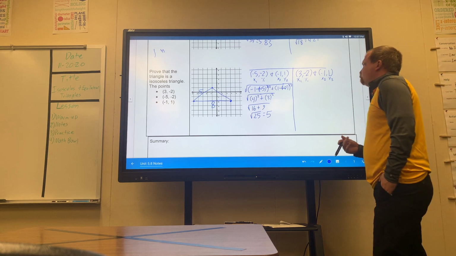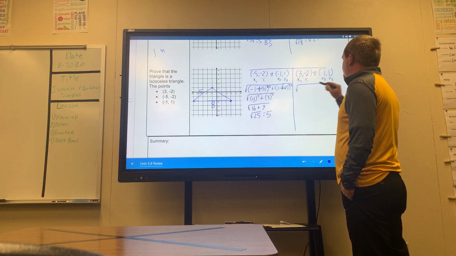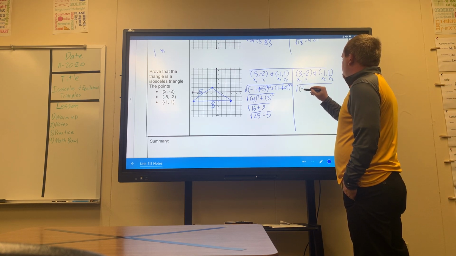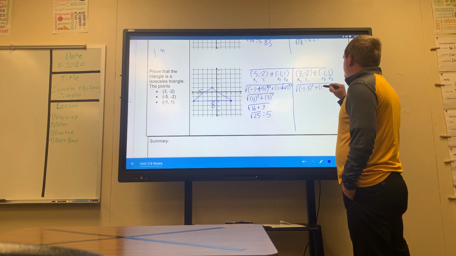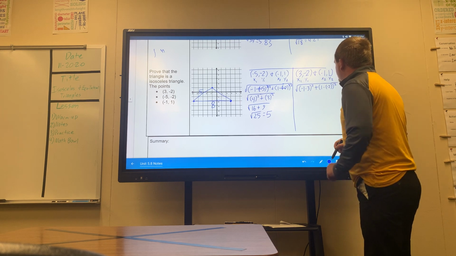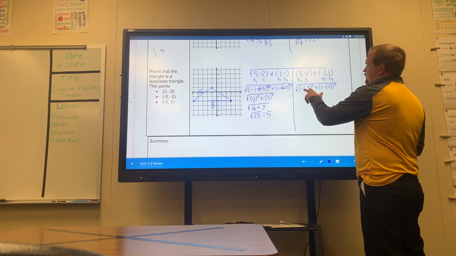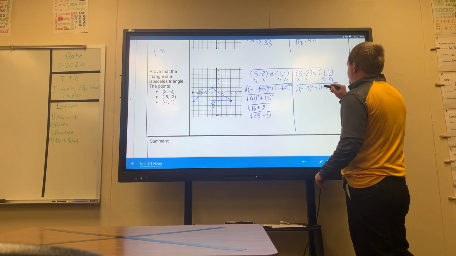So again, I'm going to go negative 1 minus 3 squared plus 1 minus negative 2 squared. I don't change the sign for this, but I do change the sign for these two right here.